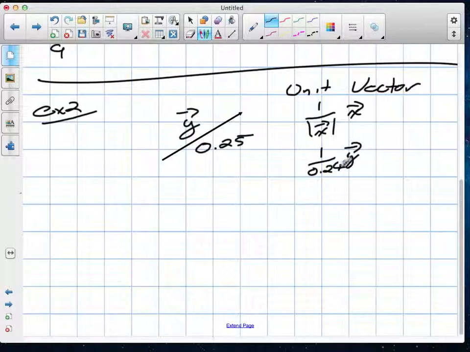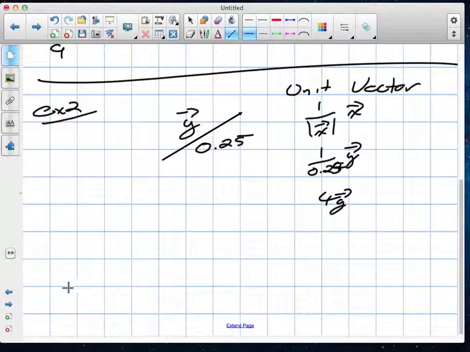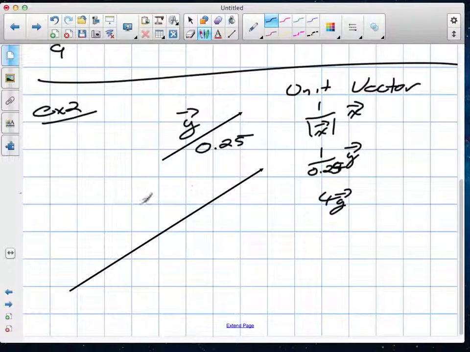Which means it's going to give us a vector. Anyone know what 1 divided by 0.25 is? 4. This vector needs to become 4 times the size to have a magnitude of 1, which makes perfect sense since it's only a quarter in length, right? So now this is 4y in terms of its length.